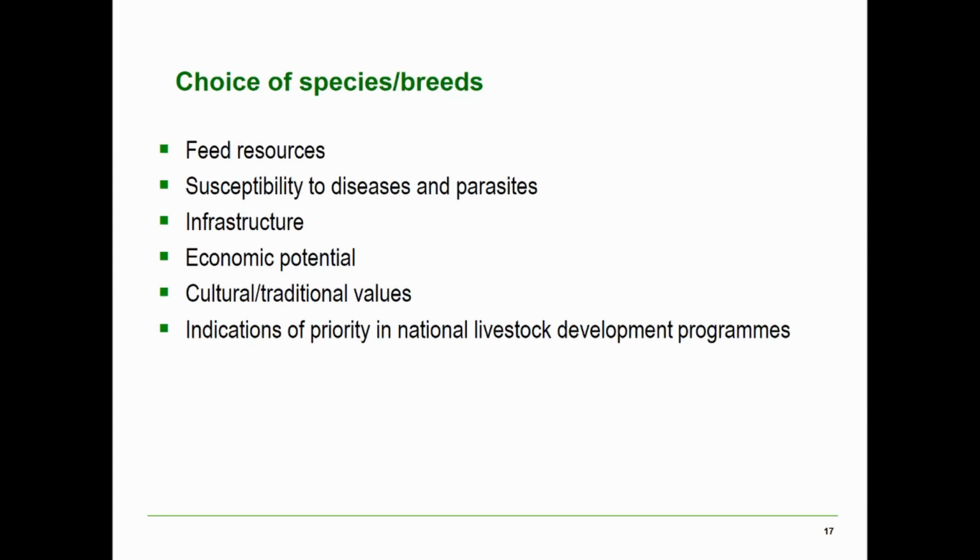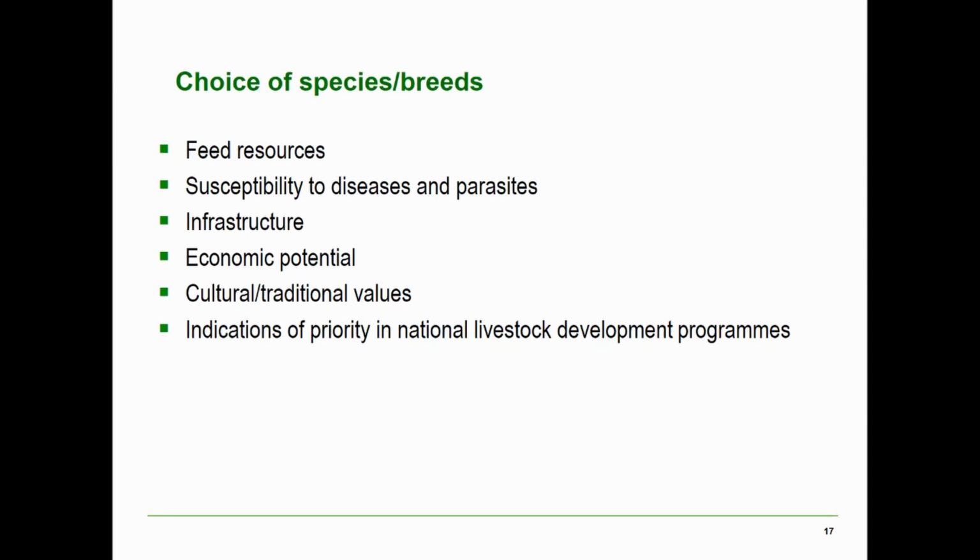And the first one is on the choice of species and breeds. There are several characteristics of the breeds that we need to take into account if we want to establish a breeding program for them. What feeding resources are available and what feeding resources they require. Whether our breed of choice is susceptible to any disease or parasites that are in the region where we want to implement this breeding program.